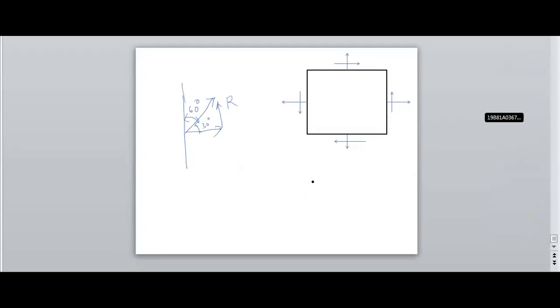Therefore, we will get the resultant stress times cos 30 degrees as the normal stress, and the resultant stress times sine 30 degrees is the shear stress.